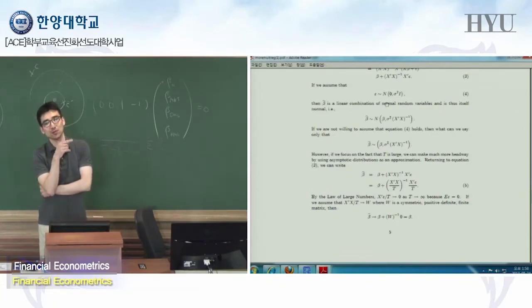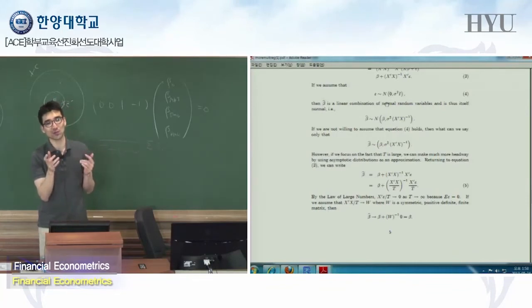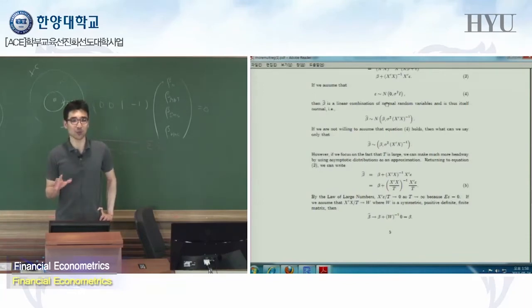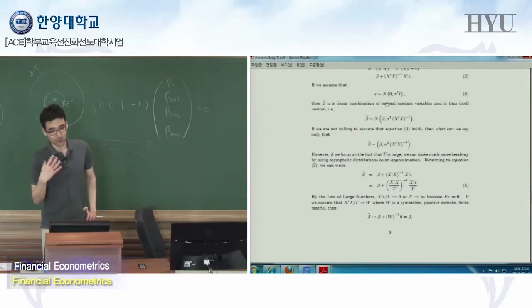In our previous distribution theory, we basically assumed beta hat follows the normal distribution. So we constructed the t statistic, the f statistic, the chi statistic and those things. But if it does not follow a normal distribution, you cannot say this anymore. But the good news is that if we have a large number of data, this approximately follows the normal distribution.